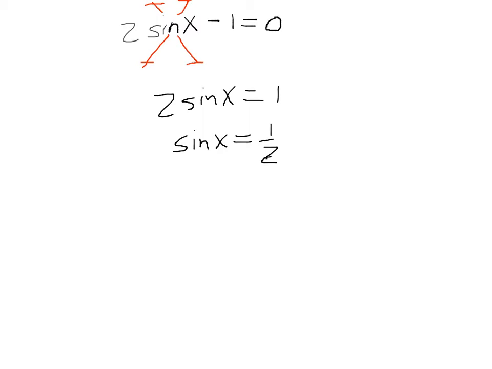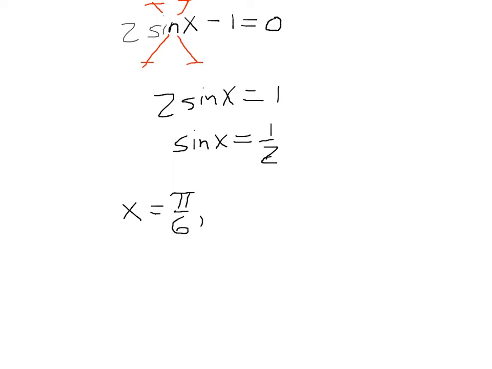And so now we have to ask ourselves, where is the sine equal to 1/2? Or what is the inverse sine of 1/2? We know from our unit circle that x equals pi over 6.